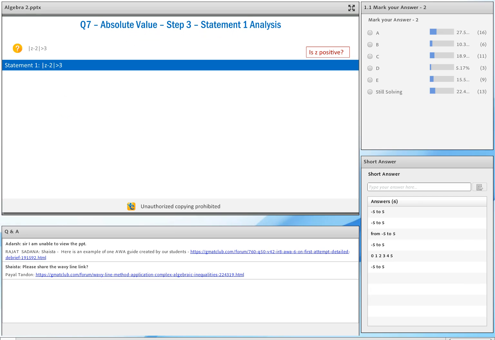Alright, so good. Now, let's look at statement 1. So we need to find out if z is positive. Now, what's the first statement telling me? Mod of z minus 2 is greater than 3.